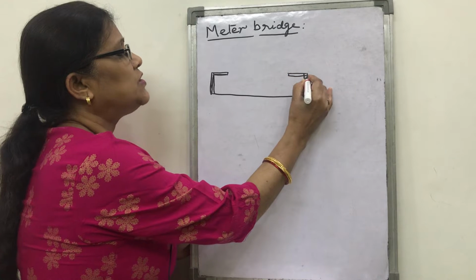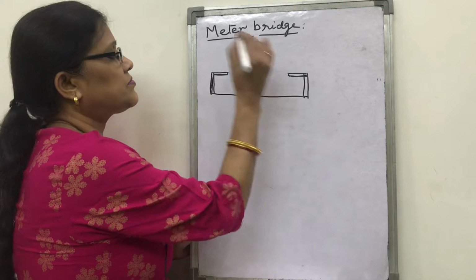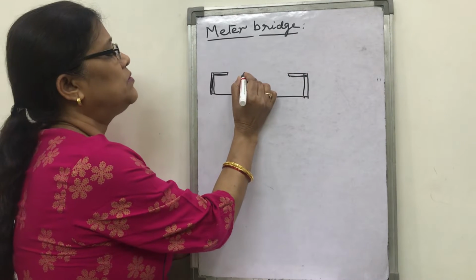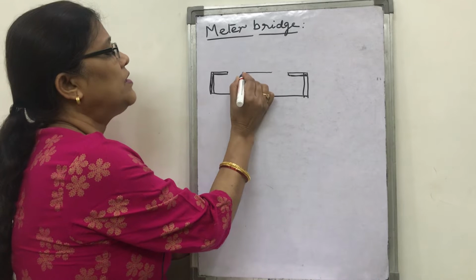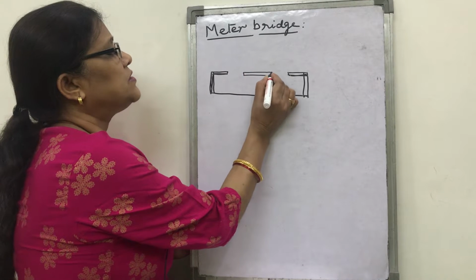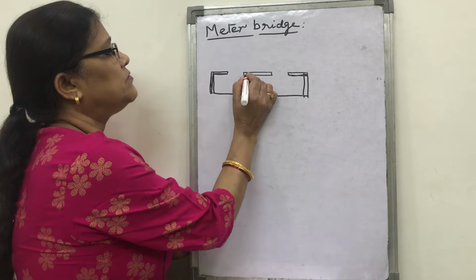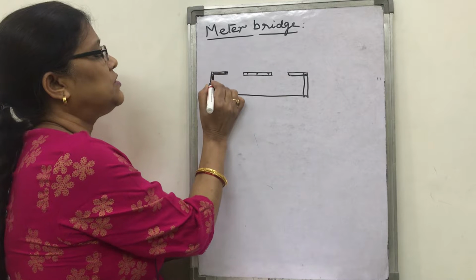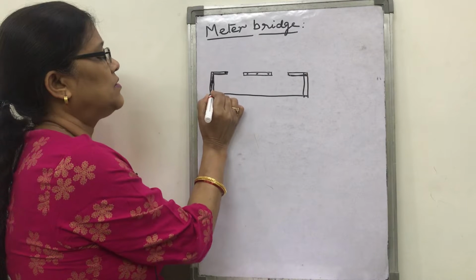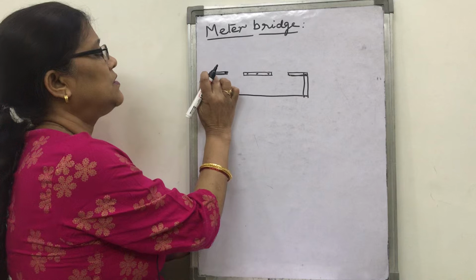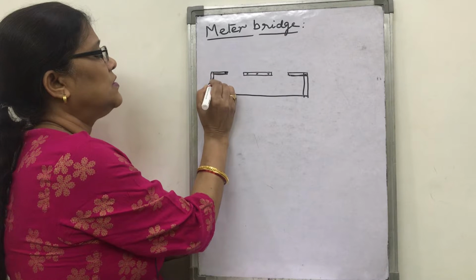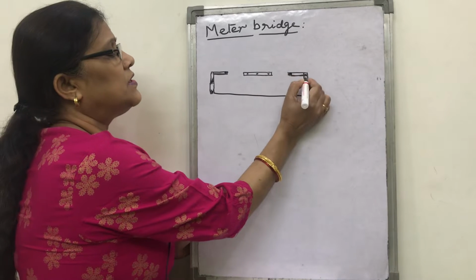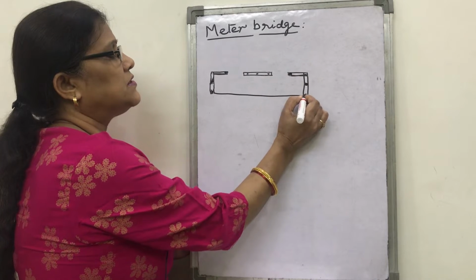So these are the 2 L-shaped metallic strips, and this one flat strip has 3 winding screws, one here, one here, one here. Here also in the L-shaped strips there are 3 screws. This is the first screw, this is the second, and this is the third. Similarly here, first, second, and third.